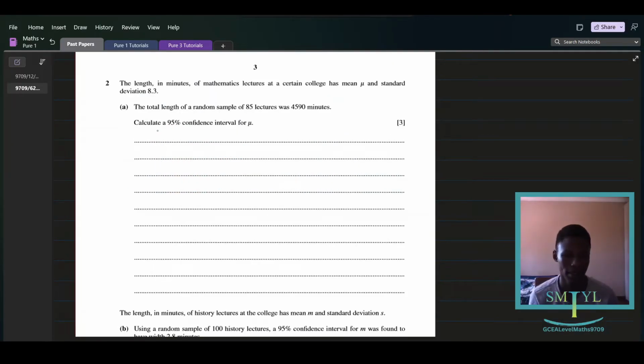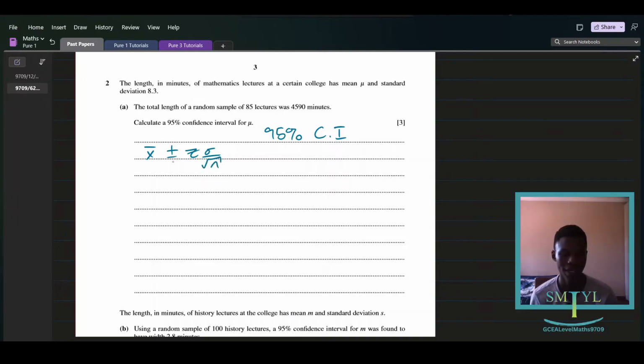The length in minutes of mathematics lectures at a certain college is mean mu and standard deviation 8.3. Part A. The total length of a random sample of 85 lectures was 4,590 minutes. Calculate a 95% confidence interval for mu. The formula we're going to use is x bar plus or minus z times sigma over root n.